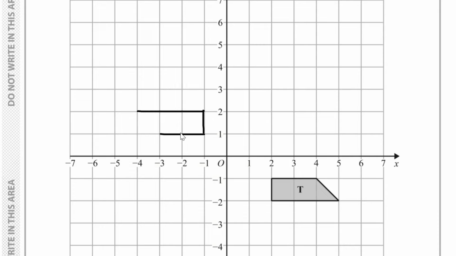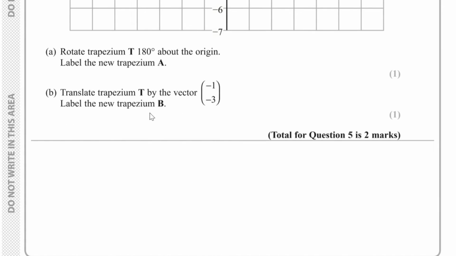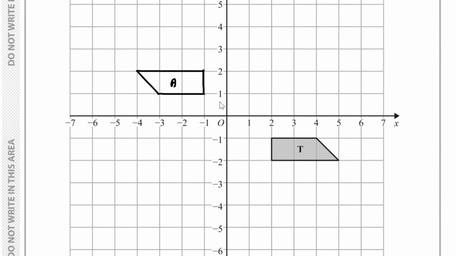So if I join these points up, here we've got shape A.